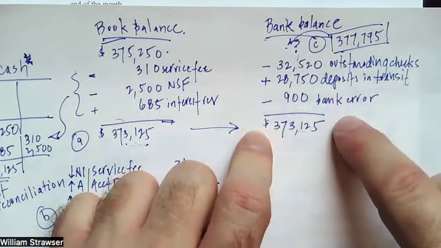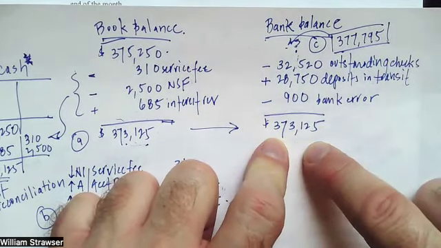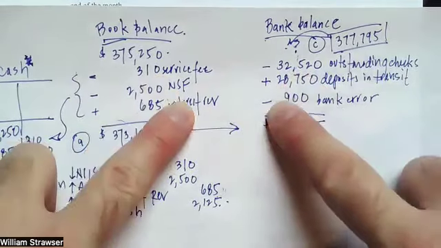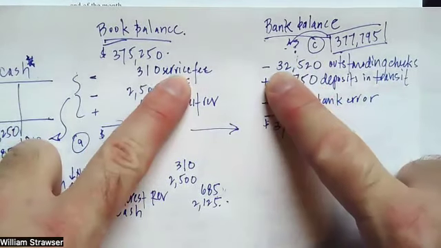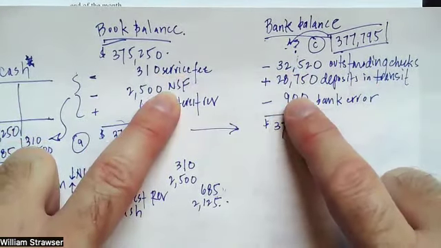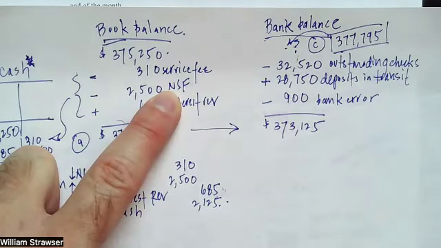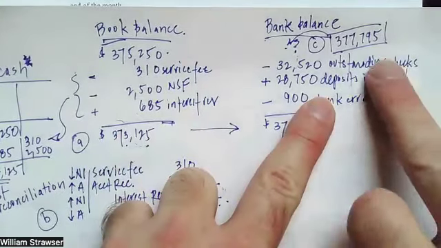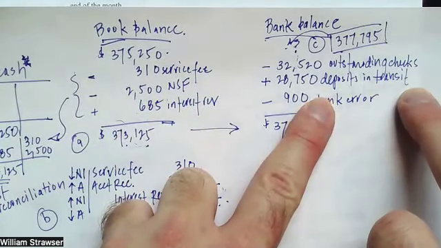And then the bank error itself, getting to a post-rec balance. These things happen, these things are adjustments. They'll happen in the future, right? For these, the money's already in the account. These things are things that will clear in the future eventually.